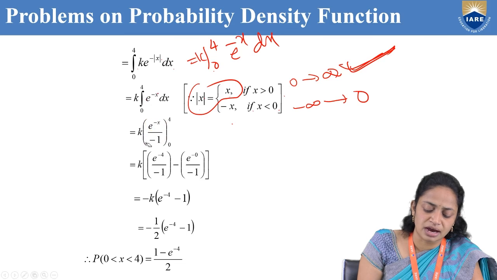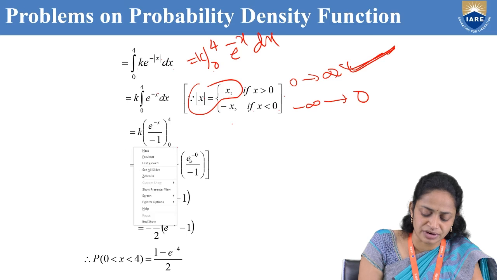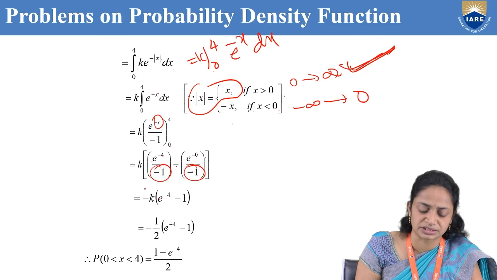So here the upper limit is 4 and the lower limit is 0. If I substitute the upper limit first, that is e power minus 4 by minus 1, minus the lower limit, e power minus 0 divided by minus 1. So here also we have minus 1, here also we have minus 1. Taking the minus common, that is minus k.